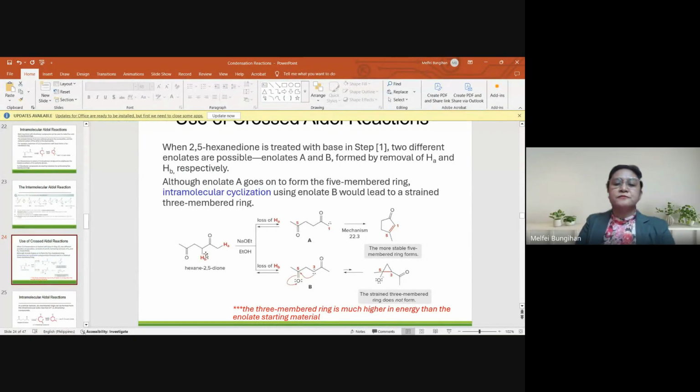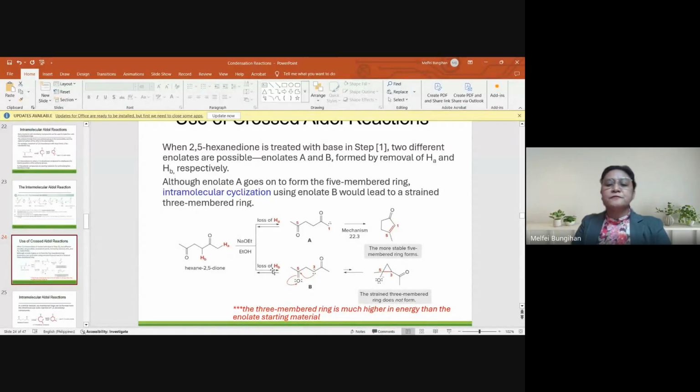Now, if you make an enolate out of HA, you form intermediate A, and so you form this product, the five-membered ring, alpha beta unsaturated ketone.